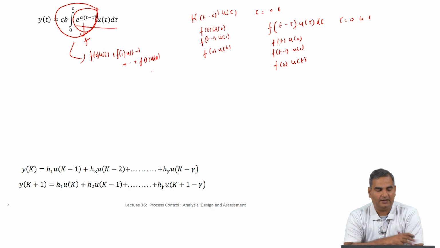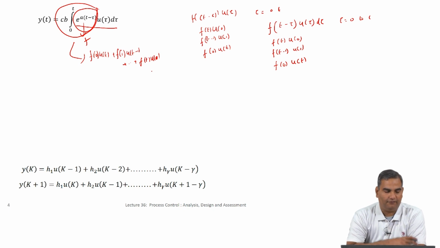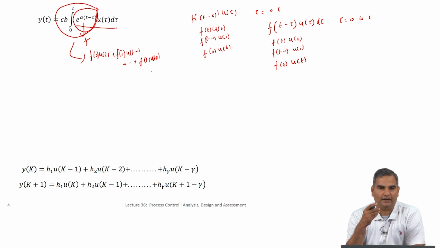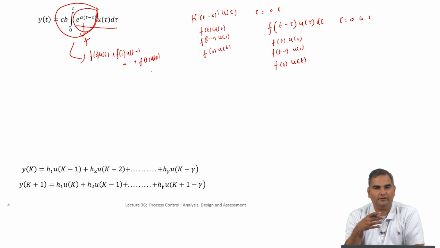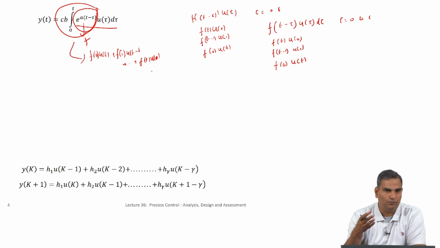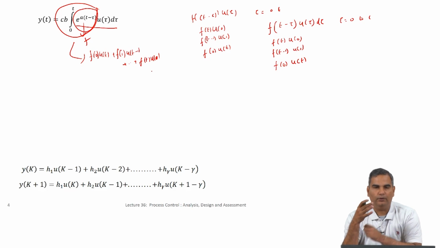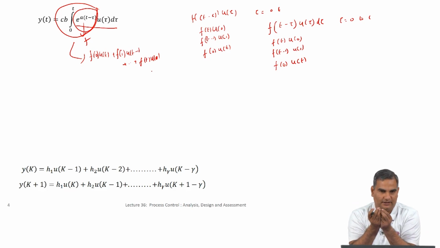What we are basically saying is, if I have made control moves starting from time t equal to 0, 1, 2, 3 all the way up to t, and I want to know what is the effect of all of these control moves on y of t, then basically every control move is weighted by some function, right, and that function is, let us say in this case, f of 0, f of 1 all the way up to f of t.